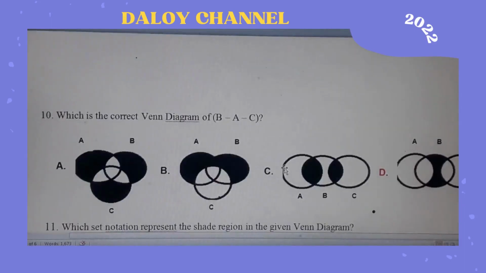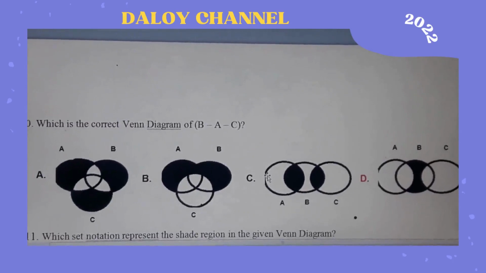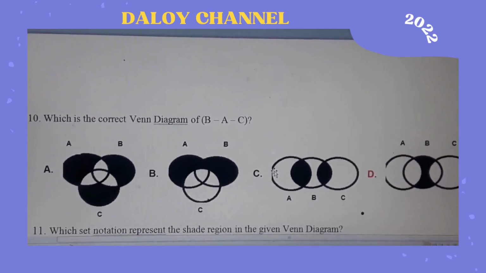Number 10. Of the given illustrations, which is the correct Venn diagram of B union A union C?